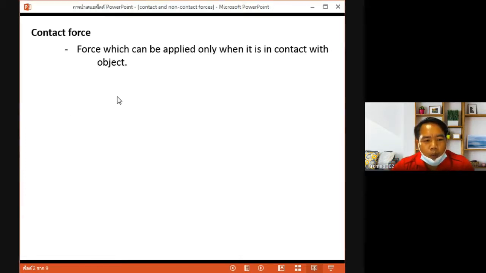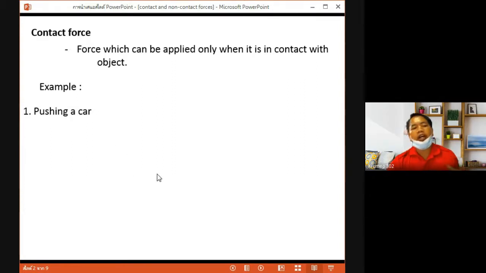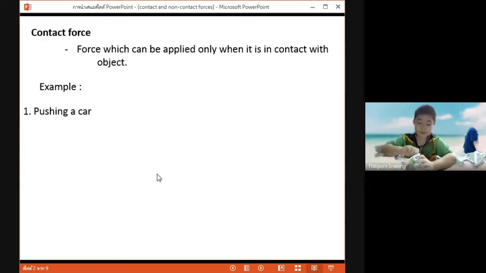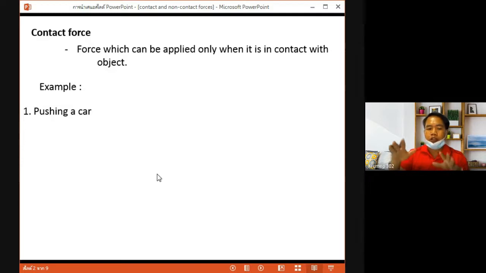We have here an example of contact force. Pushing a car is an example of contact force because it applies contact with the object. If you push the car, you will hold the car to push.